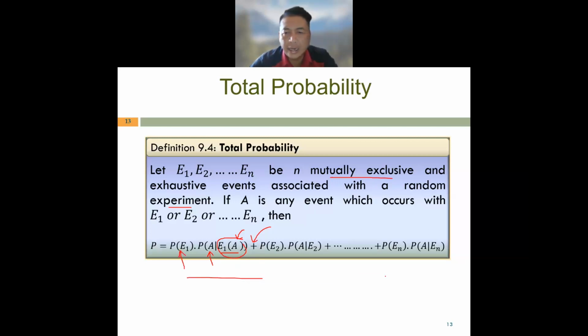We add up all the values here, and we get the total probability of event A over all the E1, E2, and En.